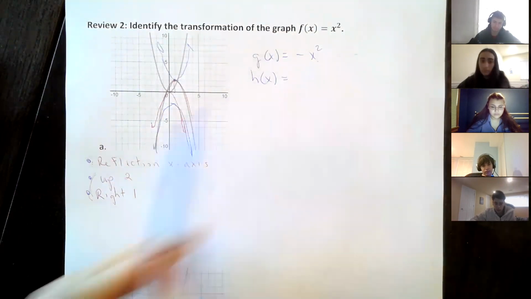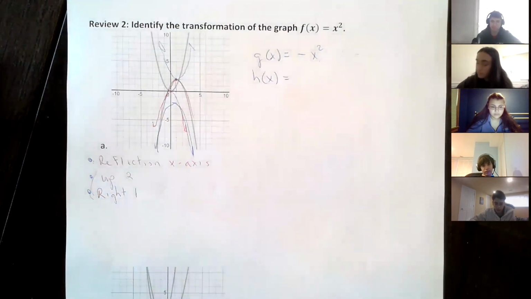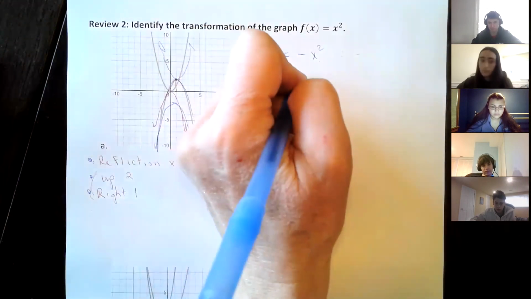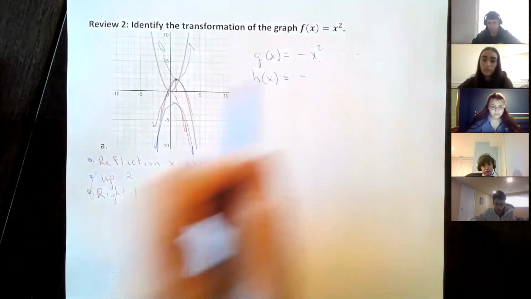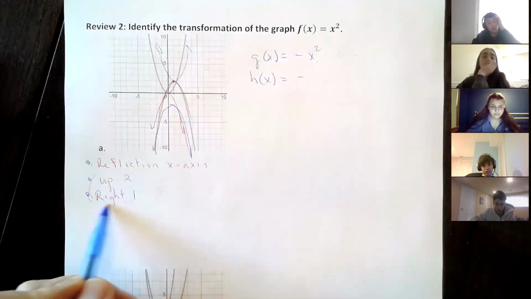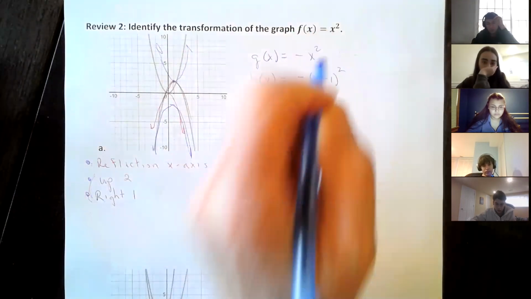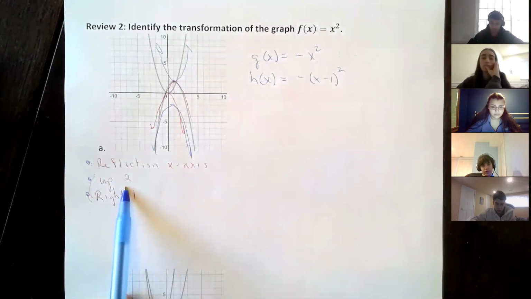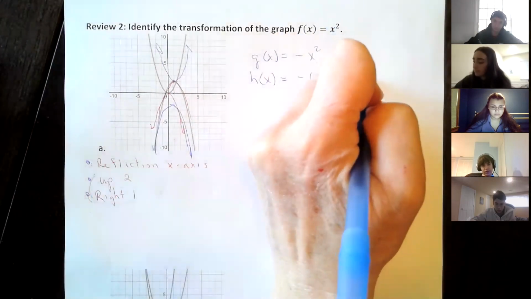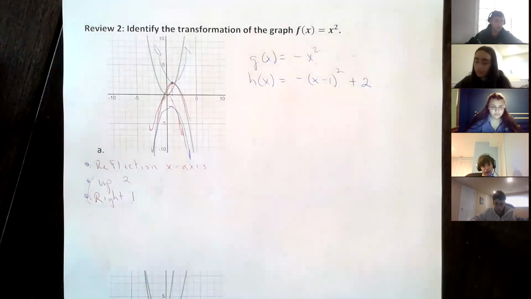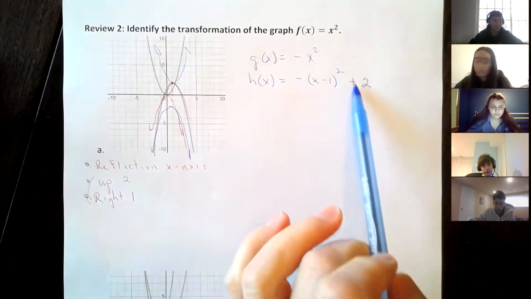What would I do to this to do the up 2 and the right 1? I am going to have some parentheses because my x is going to be replaced with x minus 1. And then x minus 1, and plus 2, just plus 2.